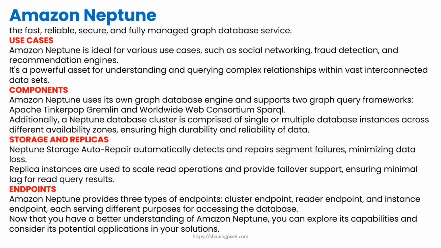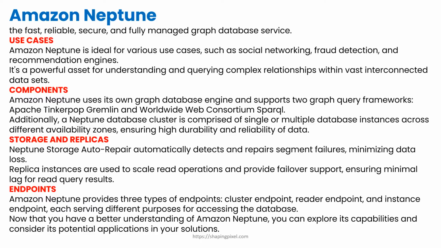So let's check out Amazon Neptune, the fast, reliable, secure, and fully managed graph database service. Amazon Neptune is ideal for various use cases such as social networking, fraud detection, and recommendation engines. It's a powerful asset for understanding and querying complex relationships within vast interconnected datasets.